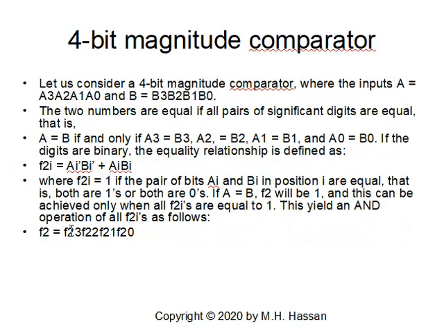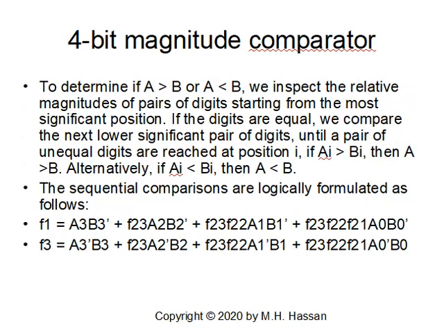F23 is 1 because F2 is the equality sign. You remember F2? It's F23, F22, F21, F20. So if the most significant bits are equal, it means F23 is 1. So logically speaking, the next term of F1 will be F23 with A2 greater than B2, or F23 A2 B2 prime.